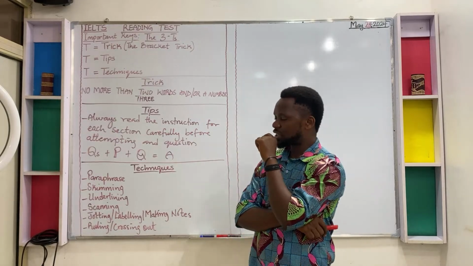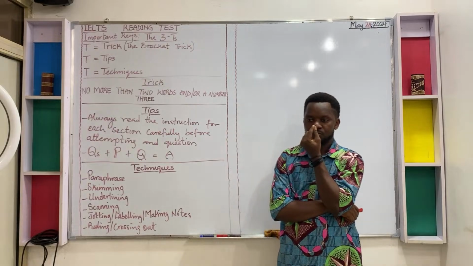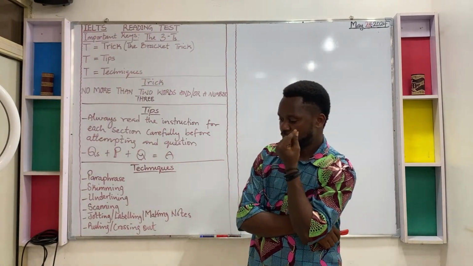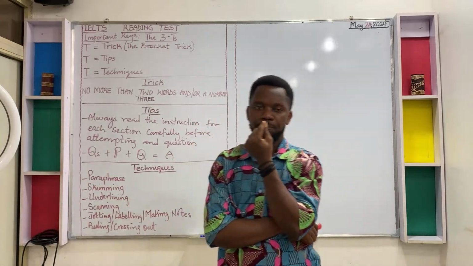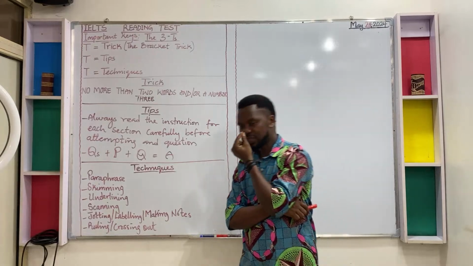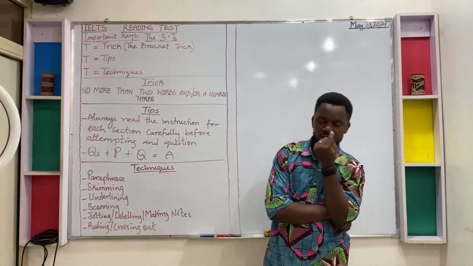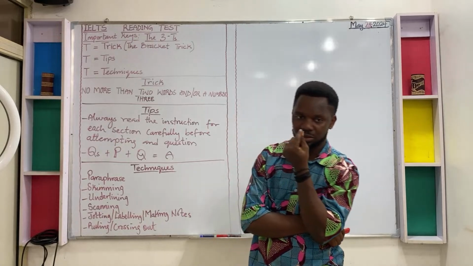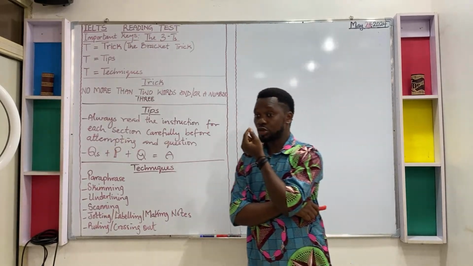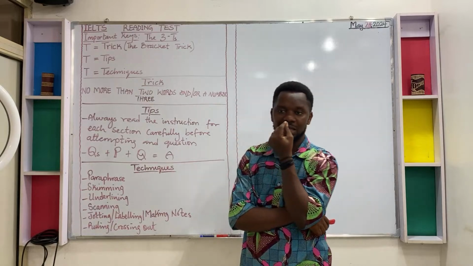You also need to identify data. Data has to do with dates, periods, such as centuries, 19th century, 18th century, 20th century, and all that. Periods. You also need to identify or underline duration, how long something lasted.